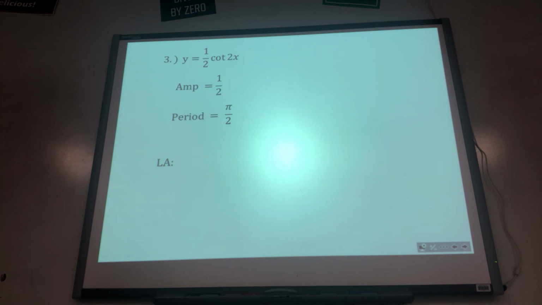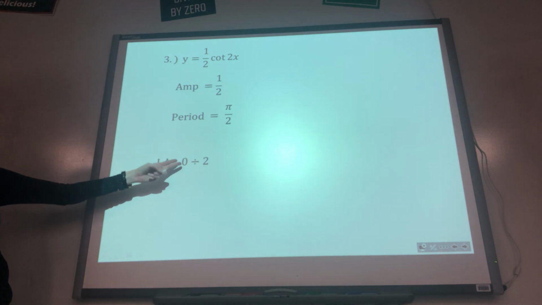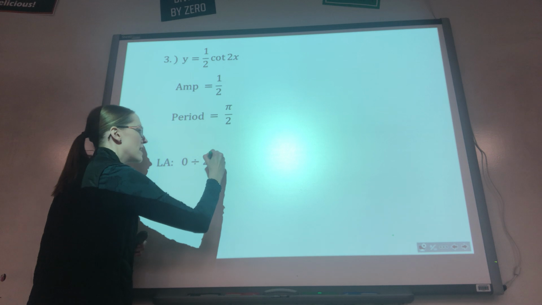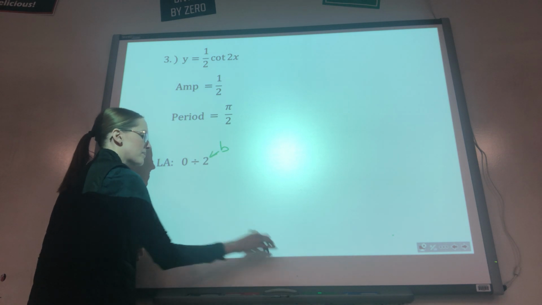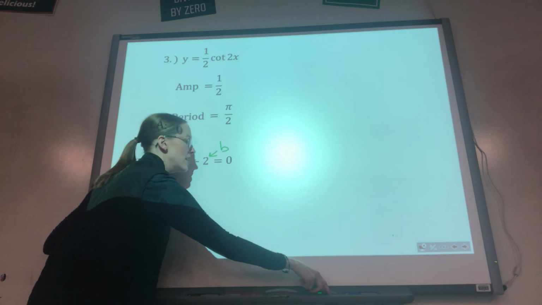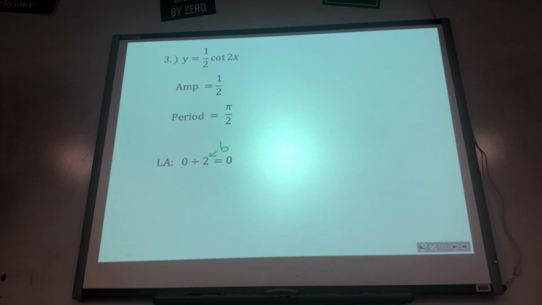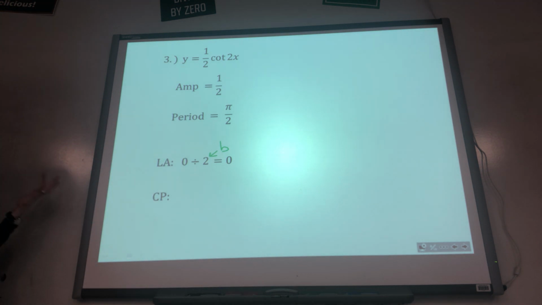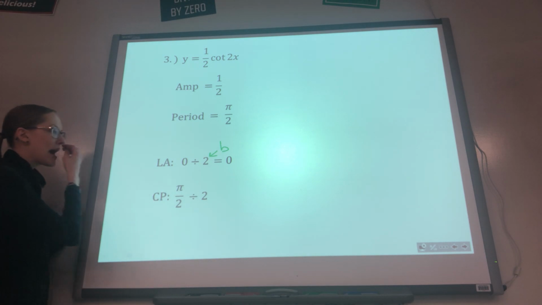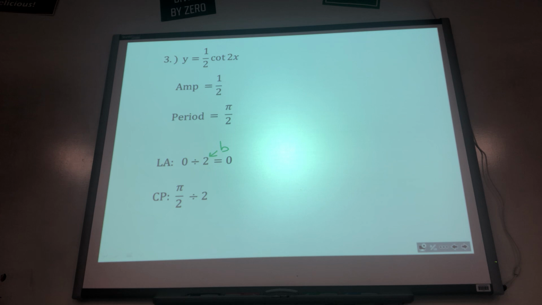Now we just did cotangent. So the left asymptote was at 0. Divide that by b. Well, 0 divided by anything is still just 0, so that didn't really change. The center point used to be at pi over 2. Remember, divide that by b, not the period.